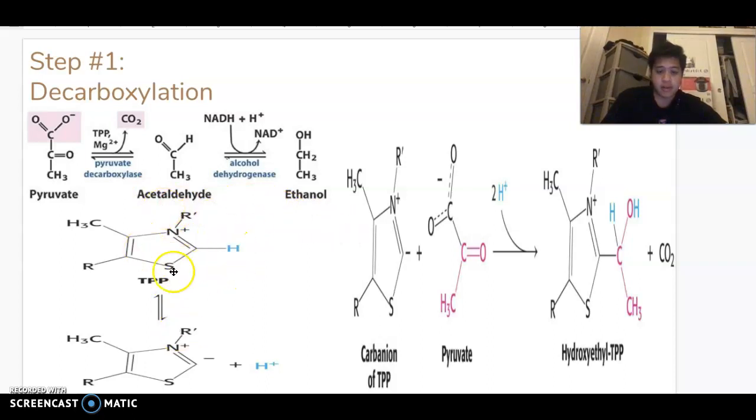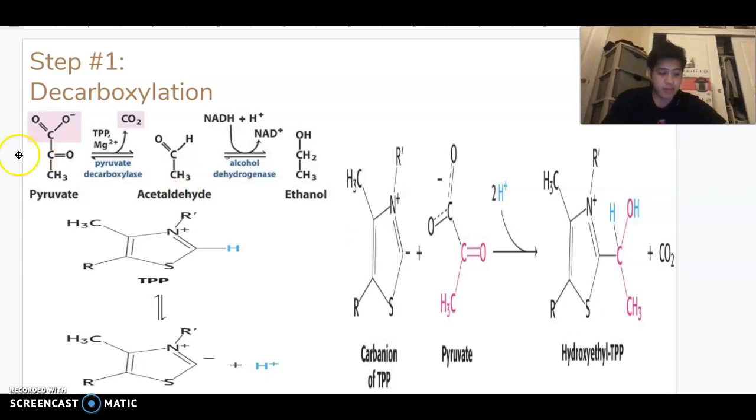You have your TPP, and you're going to form the carbanion. You have the negative group here, and the hydrogen here, which is lost, and you have your pyruvate, which is here. This reaction to form the hydroxyethyl TPP is where the decarboxylation occurs.